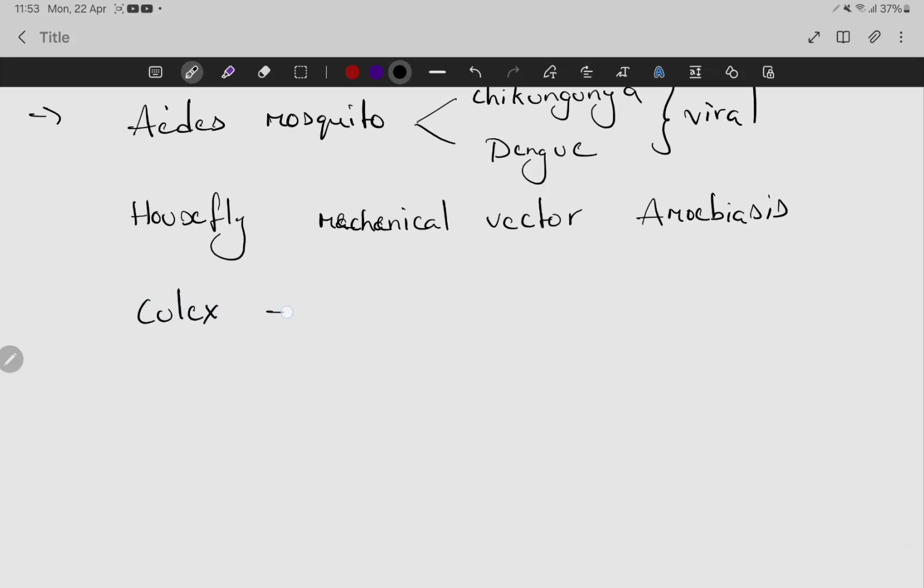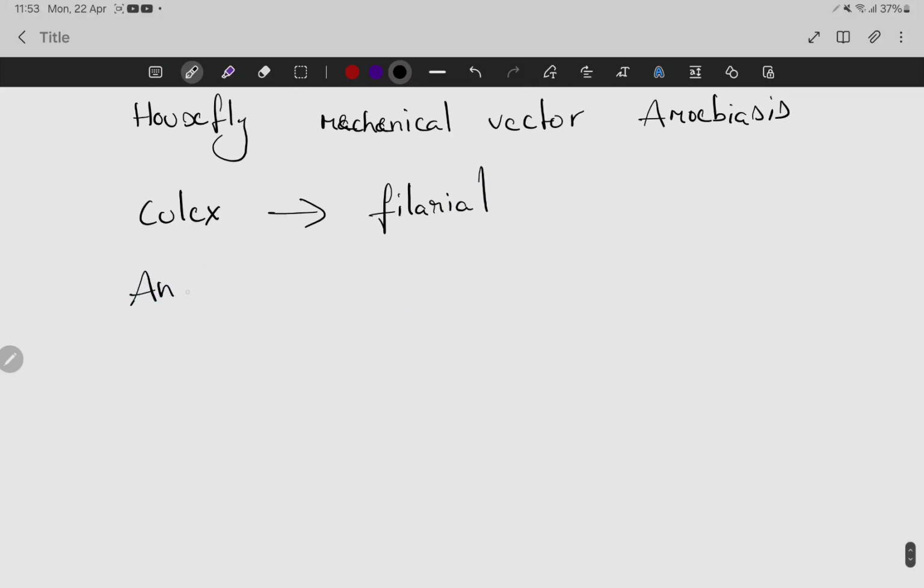Culex mosquito is for filarial. Female Anopheles mosquito is for malaria.